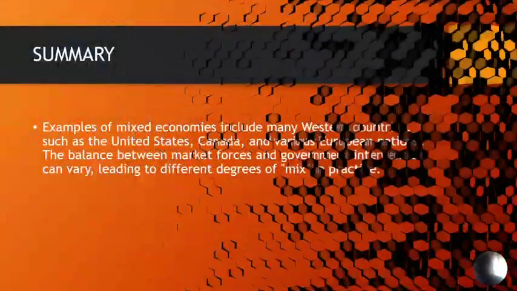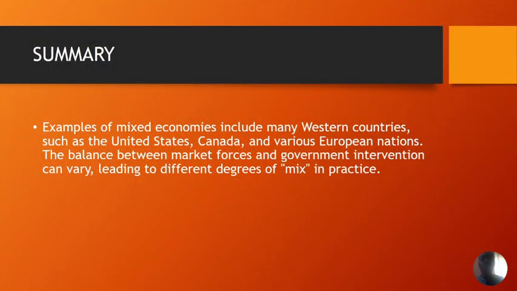Then, in summary, when you look at the examples of mixed economies, we have many of the Western countries such as the United States, Canada, and various European Union nations. The balance between market forces and government intervention can vary, leading to different degrees of mixing practice.